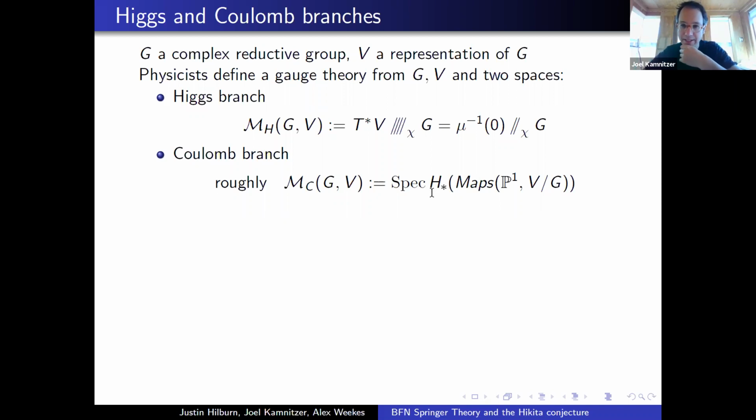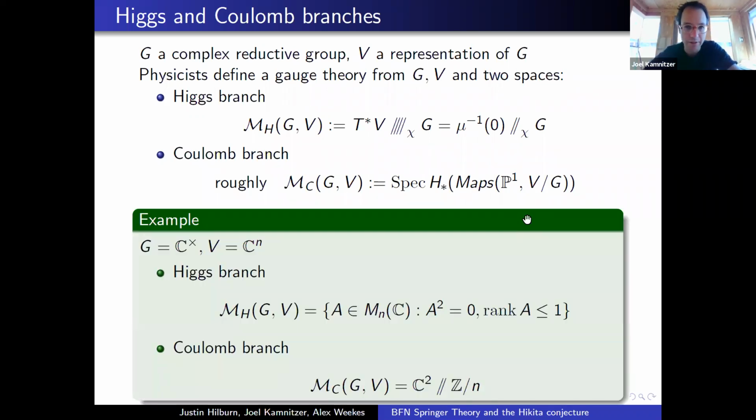Now, what algebra do we take? Well, it's a bit of a funny algebra. It's defined as a convolution algebra in homology. We construct a certain space, and then we take its homology, and that has an algebra structure by virtue of the geometry of this space. And what's the space? Again, this is rough, it's going to get more precise in a minute. Roughly, it's a space of maps from P1 into the quotient V by G.